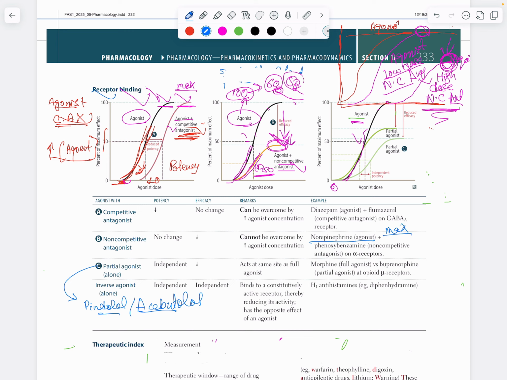But pindolol or acebutolol activate the beta receptor to a lesser degree, and they also have intrinsic sympathomimetic activity. But it has a side effect that is very important for the USMLE exam: we are not using pindolol now due to its side effect of angina, because this drug can cause angina through vasoconstriction.